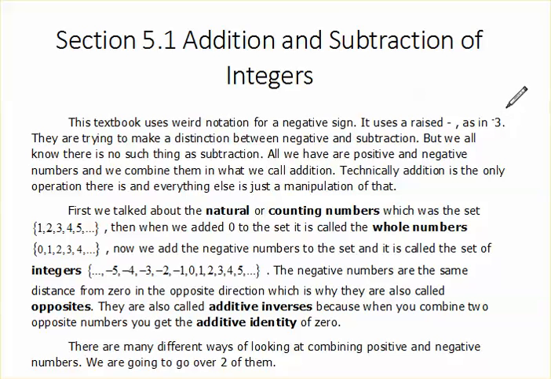They even talk in the textbook about trying to make a distinction between negative numbers and the operation of subtraction, but that really is not necessary because we all know that technically there is no such thing as subtraction; we are just combining positive and negative numbers.